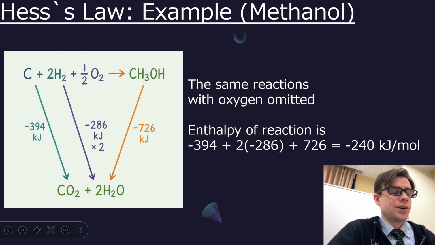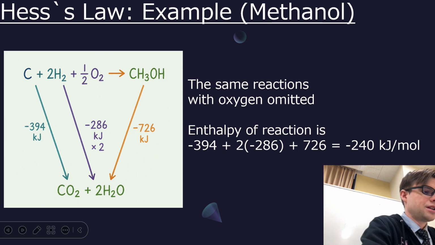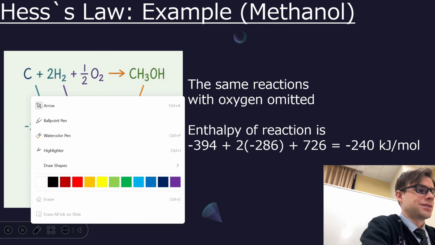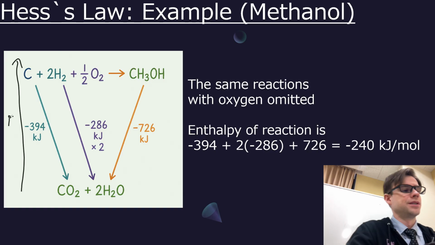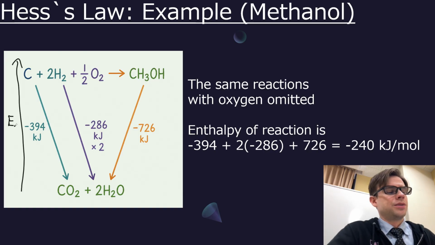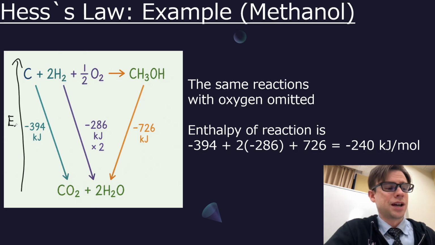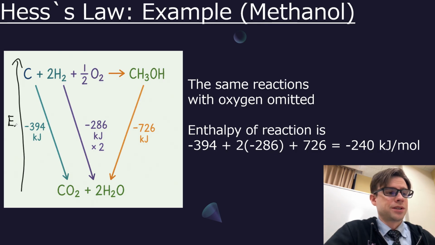But that arrow also must go in the same direction as the combustion of carbon and hydrogen. You can imagine this cycle diagram as having an energy scale, potential energy here on the left side. So if we go downwards with a downward arrow, that means our products there are more stable and we'd be releasing energy exothermically to do so. So combusting methanol is also exothermic, minus 726.